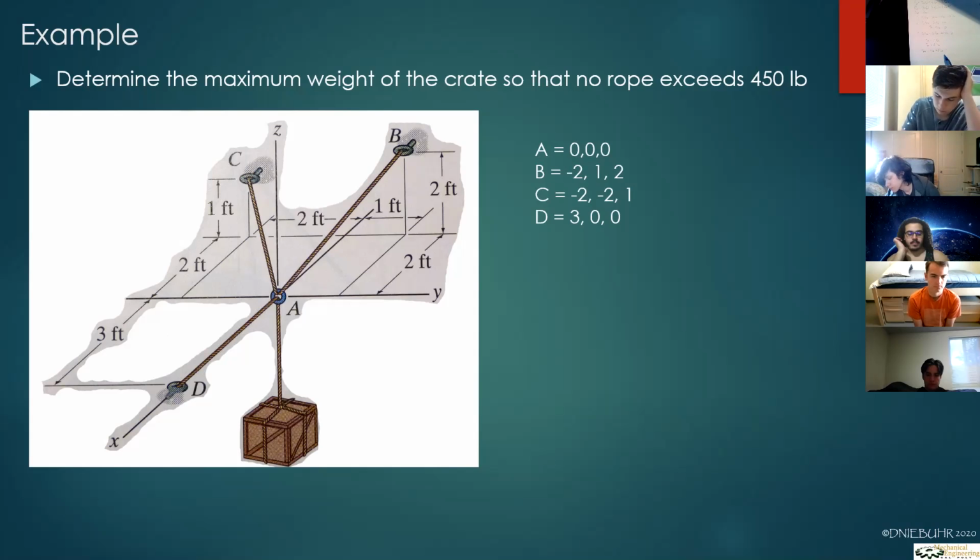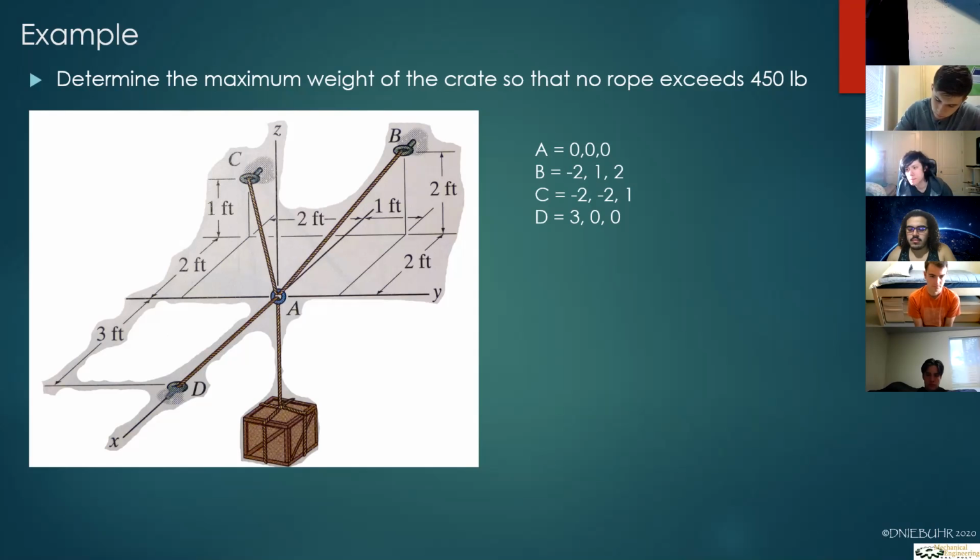So we come to the crux of the problem, because we know that we can't have any more than 450. That's the maximum. So FBA could be 450 and FDA could be 450, but FCA could only be 225, right? It's 2 times that.